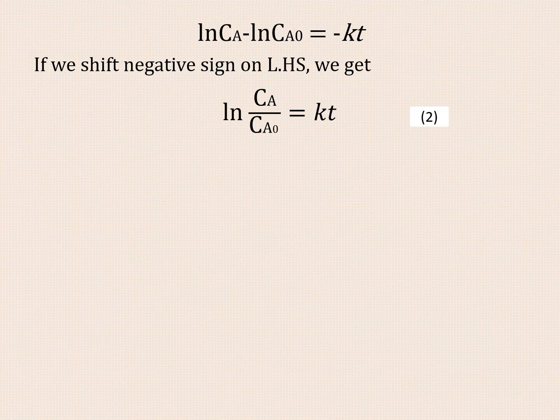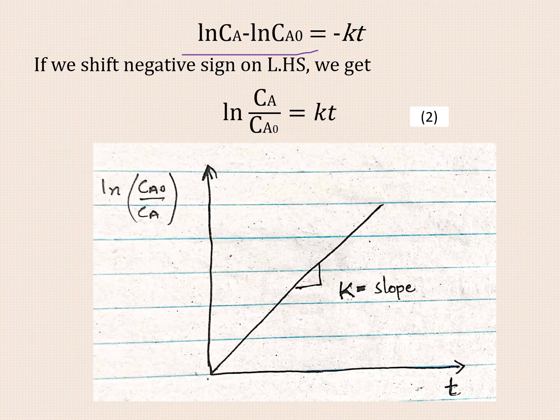If we reconsider this equation and shift the minus sign to the left side, this becomes ln C_A0 minus ln C_A, and by solving it in logarithmic form, this becomes ln C_A0 over C_A equals kt, and the graph represented below shows a positive slope.